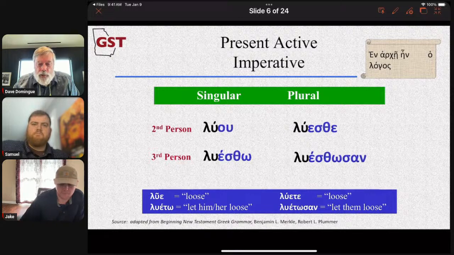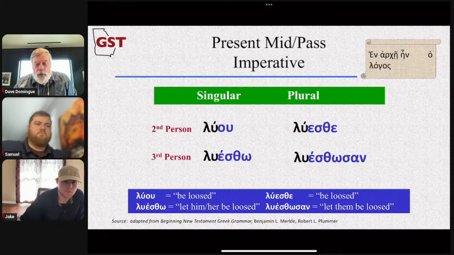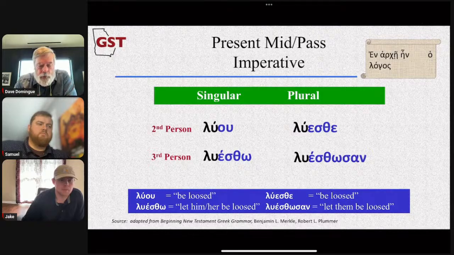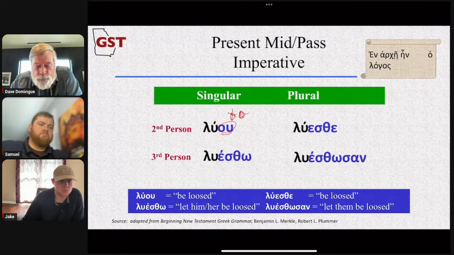Okay, present active imperative, present middle imperative, middle passive imperative. In the second person, it's really the sigma omicron that we talked about. Of course, that drops out, and this contracts with the epsilon, and you get the ou.